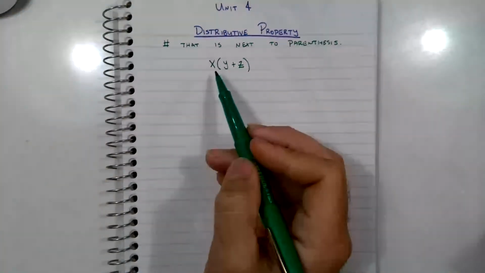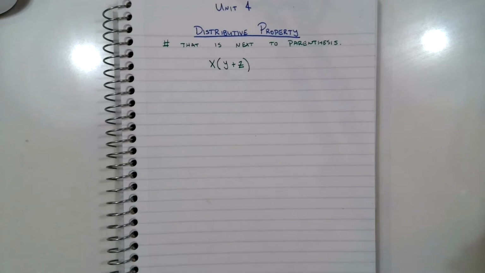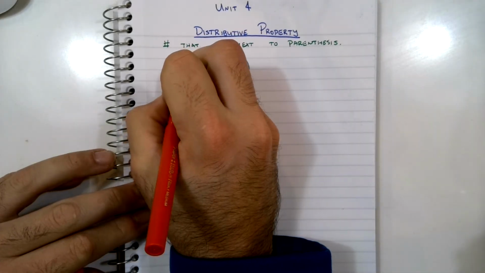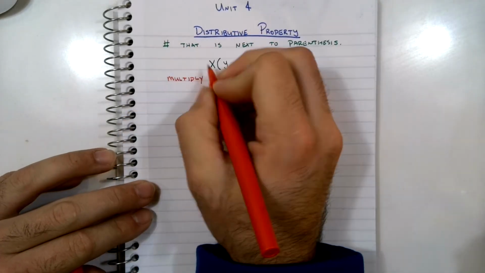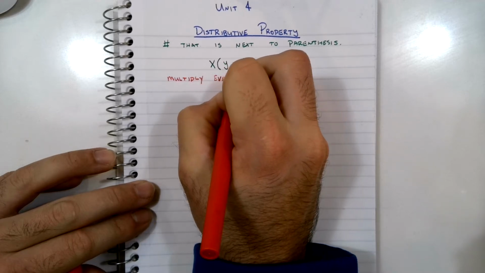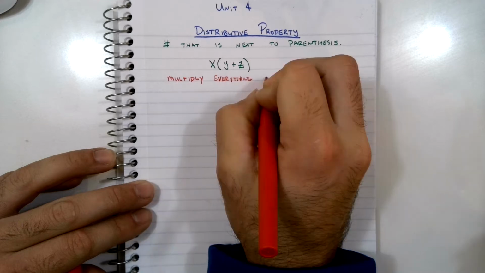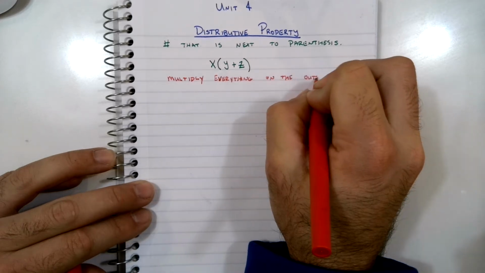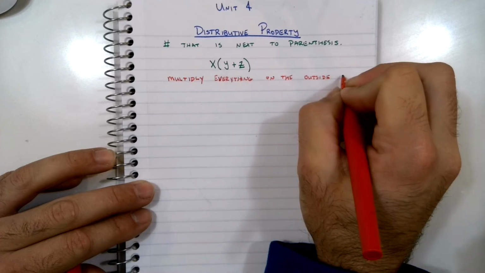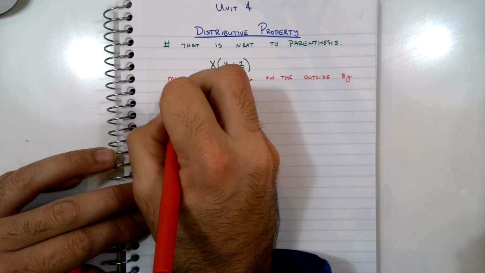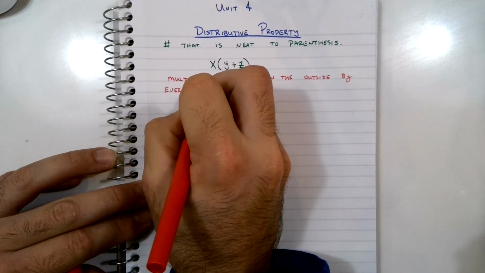Okay, this is what distributive property looks like. You have a number next to parentheses, and what you're going to do here is multiply everything on the outside by everything on the inside.